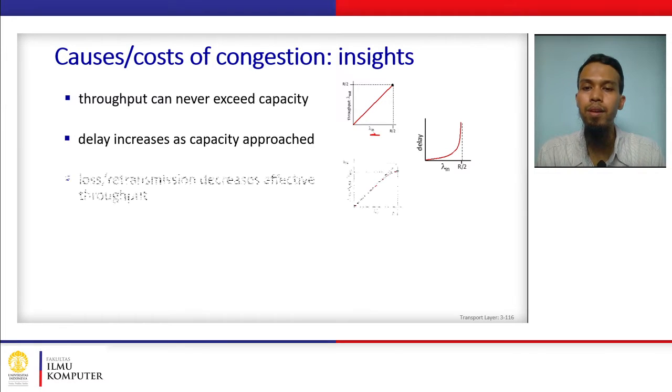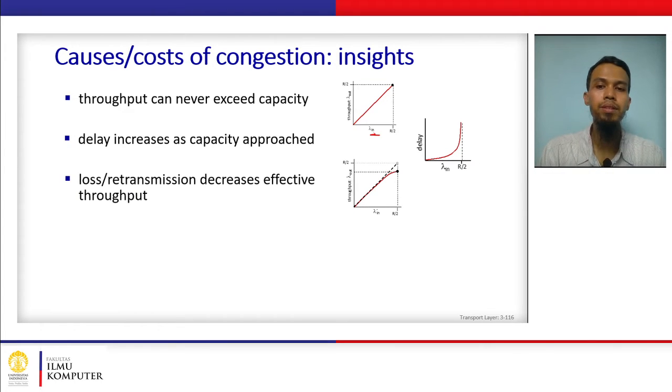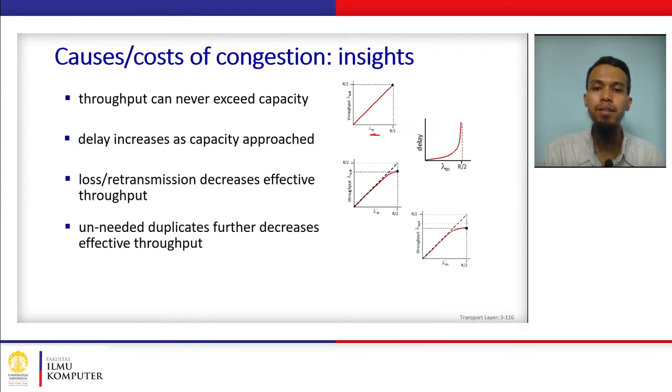Now, in the ideal case, this dotted line is the ideal throughput, the maximum capacity. But due to packet loss and retransmission, the actual throughput decreases to this level. The throughput can decrease even more if there are duplicates.